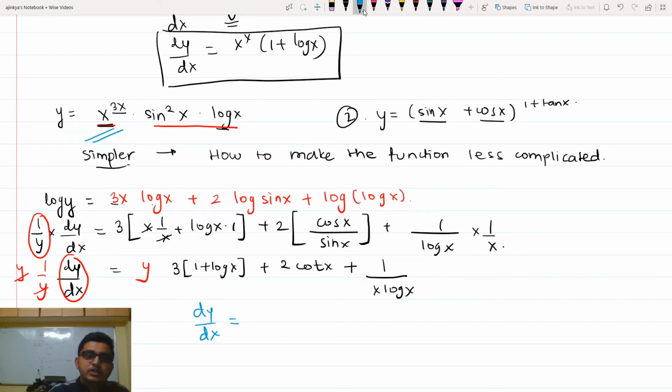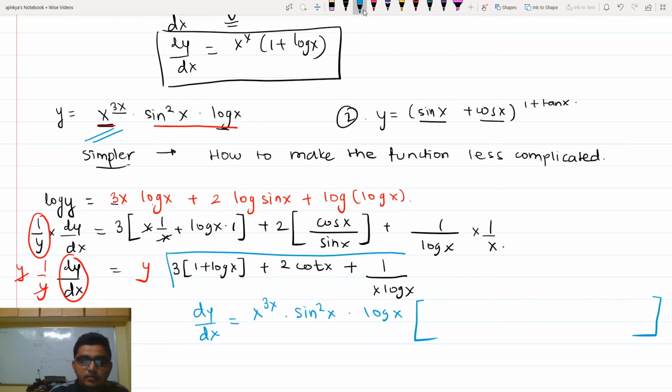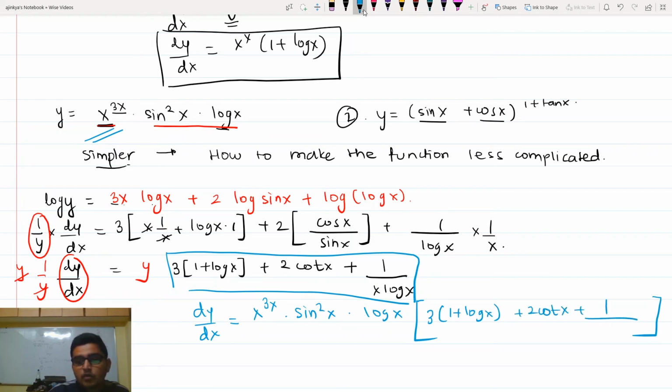Y is the initial term from where we came from, which is x raised to 3x times sine square x times log of x into the entire this term, which is nothing but 3 times 1 plus log x plus 2 times cot x plus 1 upon x log x. So this is your final answer.